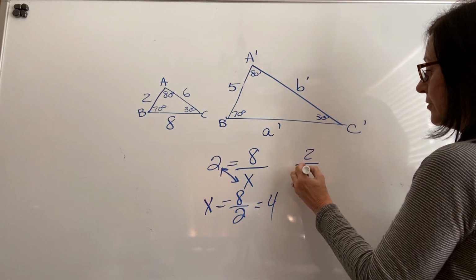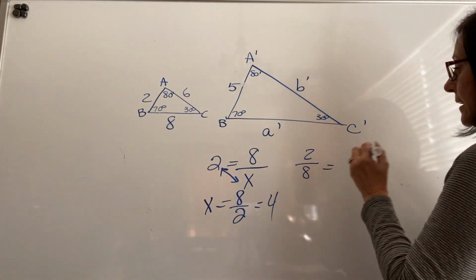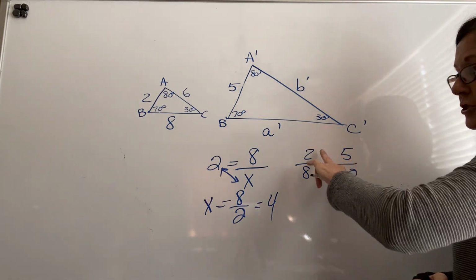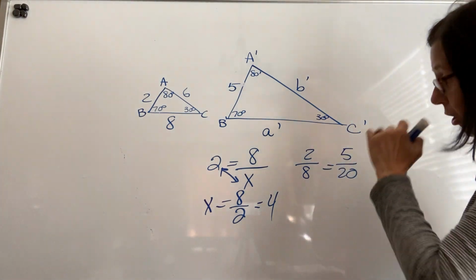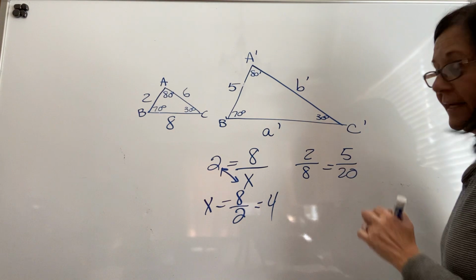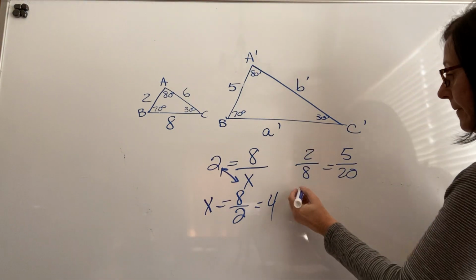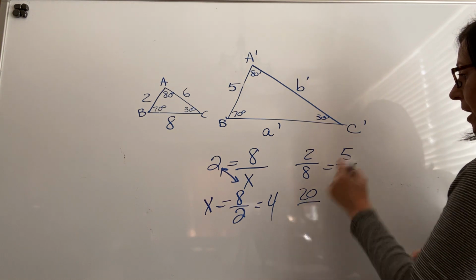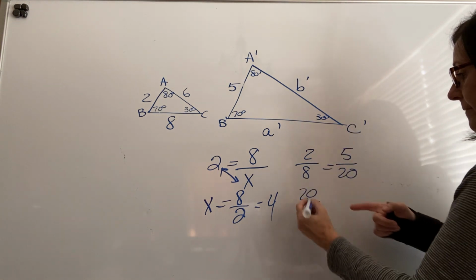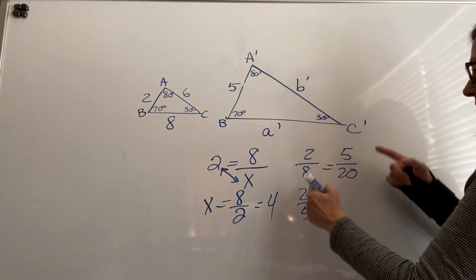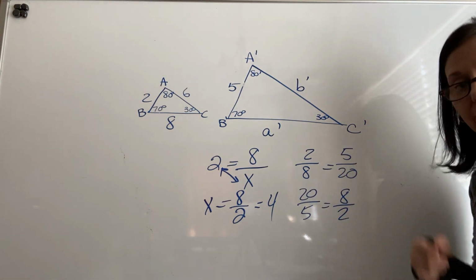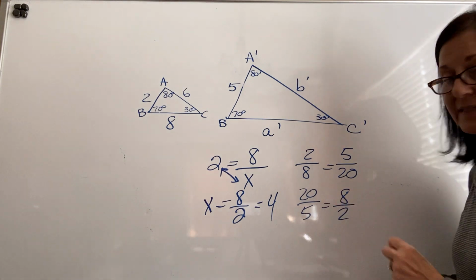So what I had, 2 over 8 equals 5 over 20: 2 and 20 are my extremes, 8 and 5 are my means. I can swap them. I can say 20 over 5 equals, swapping the 8 and 5, 8 over 2. Is that true?